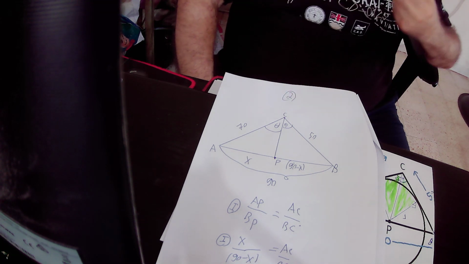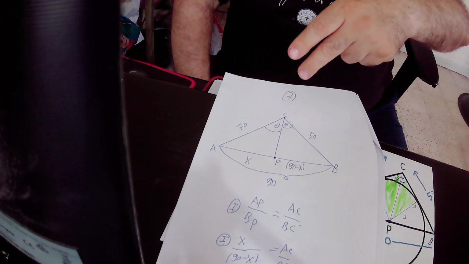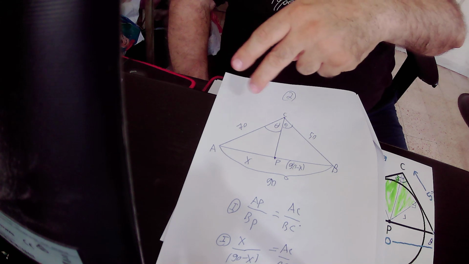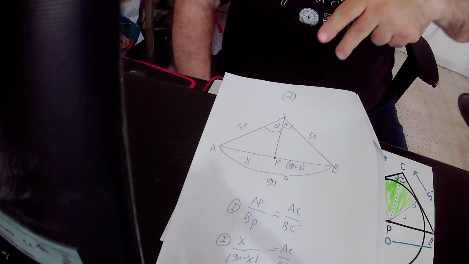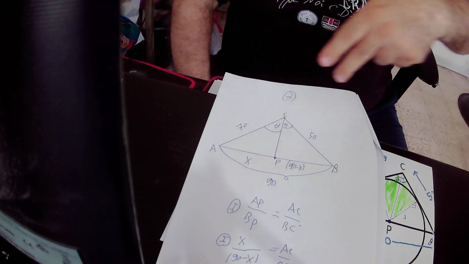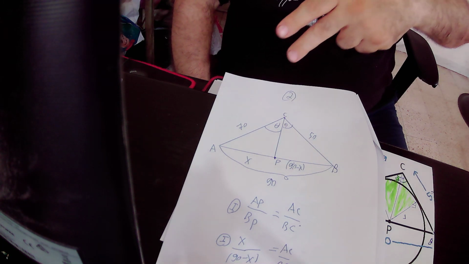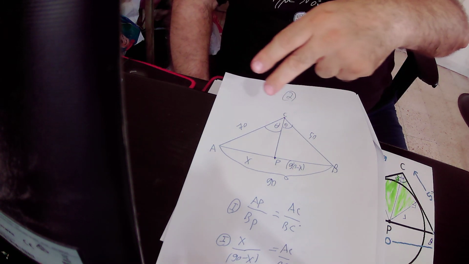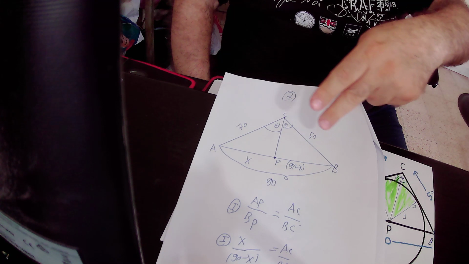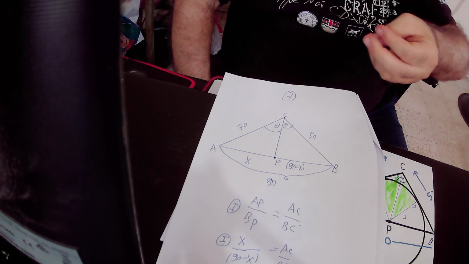The angle that is divided into two parts has two sides, and the ratio between those two sides, that is to say AC over BC, equals the ratio between the two sides created by the angle bisector.